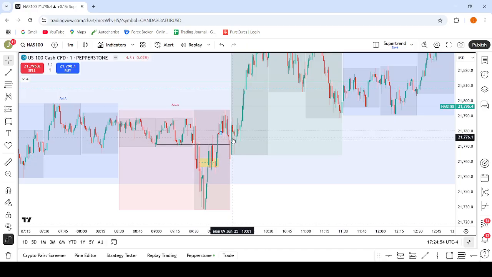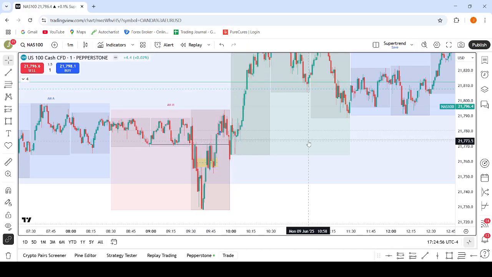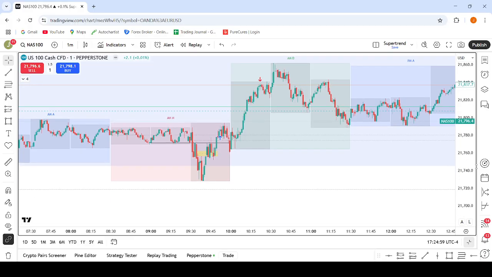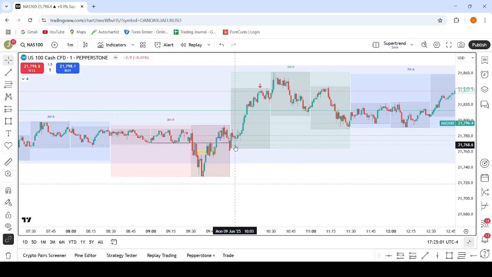Here we have it. 10 o'clock opens. You drop back down here and continue straight up to our previous day high, and that was essentially it.